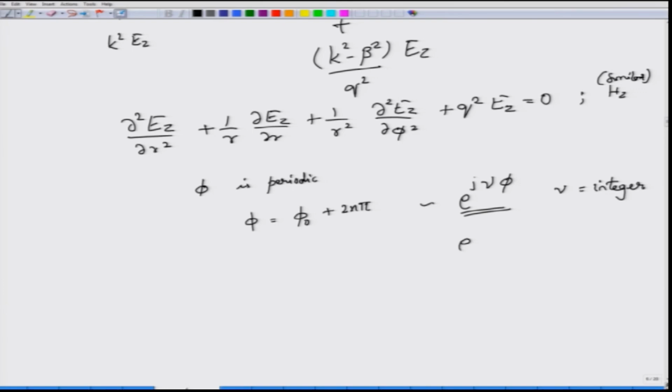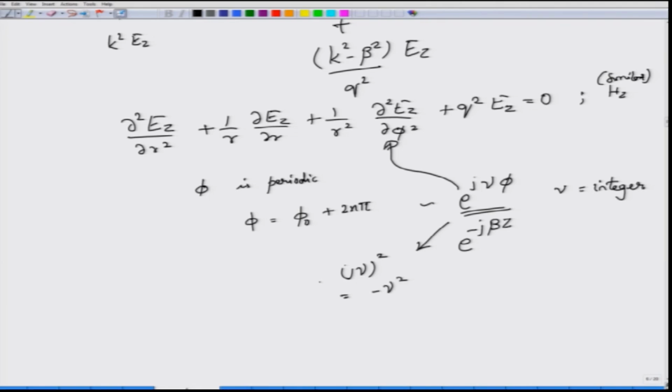My solutions in terms of z, I know, are of the form e to the power minus j beta z. The only thing I do not know is the solution along r. Substitute this kind of solution into the expression. When you take del square by del phi square, e to the power j nu phi will pull out (j nu) whole square, which is nothing but minus nu square.